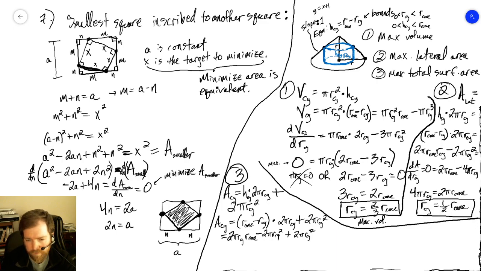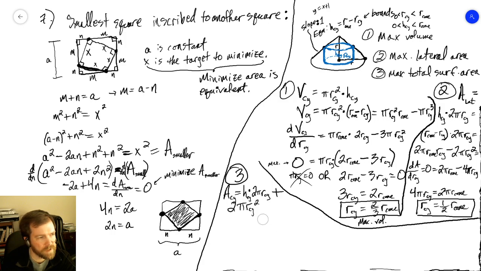Anyway, not working. Let's just erase this and go back. I am getting a little bit of a stutter here, but it's not with me, it's just with my pen.